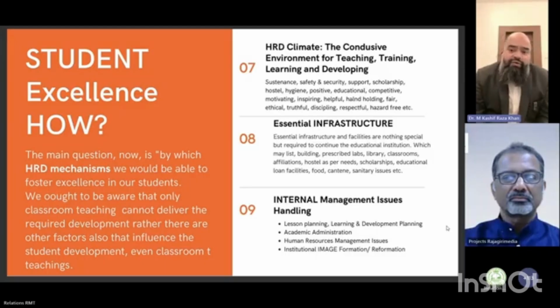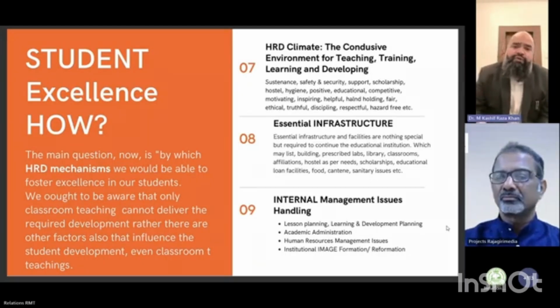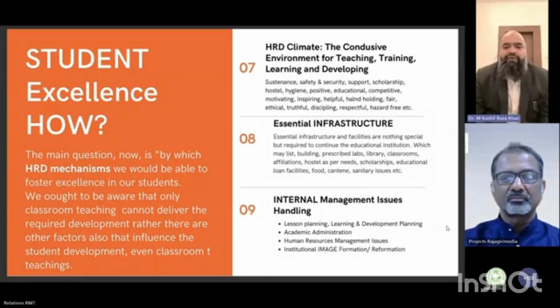That negative behavior would affect the students themselves, and others also. That is why we need to be careful about designing and developing the climate and environment for learning, developing, and teaching also. It is not limited only to the students' development. This is also required in teaching. It can be mentioned in detail, but because of lack of time, I am moving ahead.